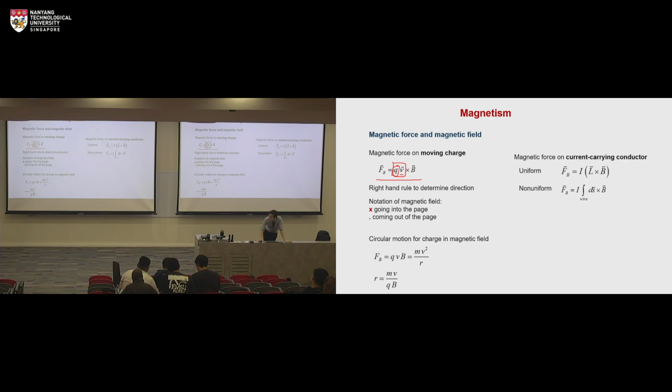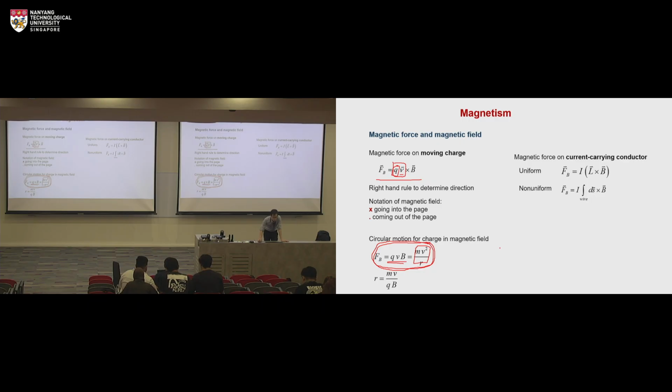And for a single moving charge, we also discuss the charge motion inside magnetic field. That is the circular motion defined by this formula. Again, you need to understand the physical meaning of this formula. Magnetic force and centripetal force for any circular motion.